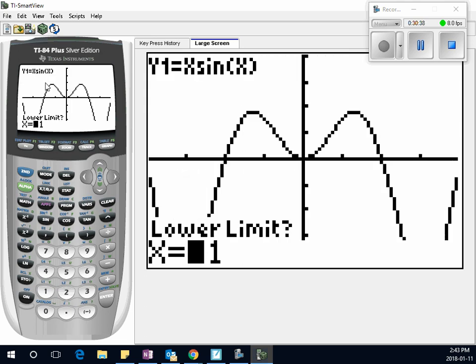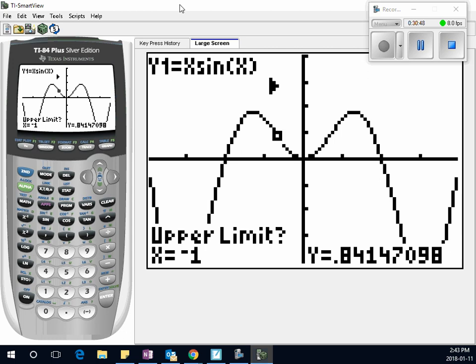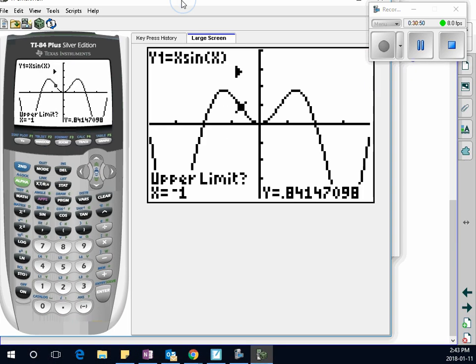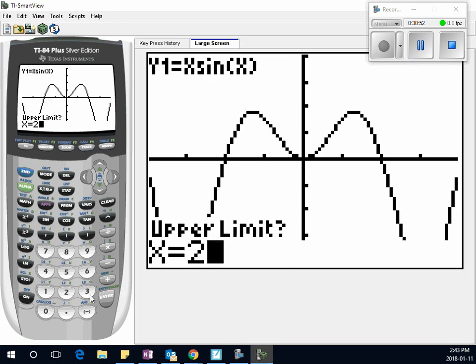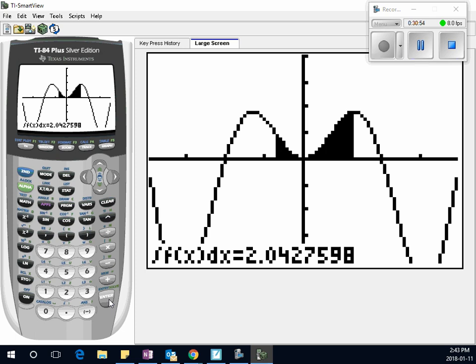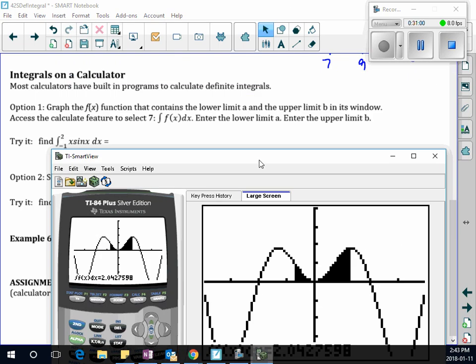I have to use a negative sign. Oh, I typed it in with my computer, that's my mistake. So, -1, there you go. Then the upper limit was 2. There, it graphs it for you, and then it tells you that this is 2.04, and so on.